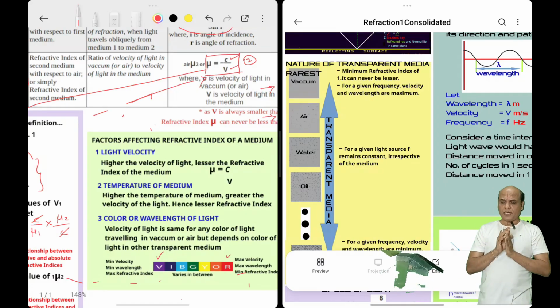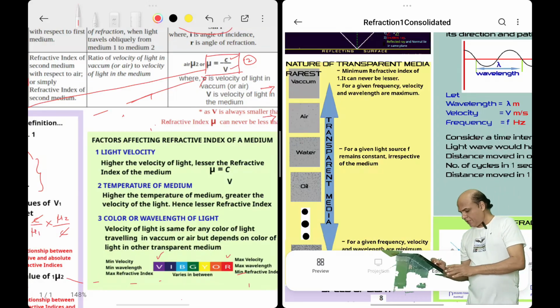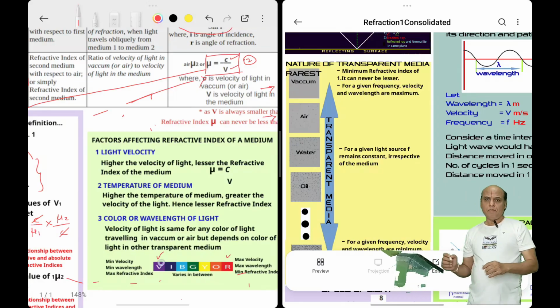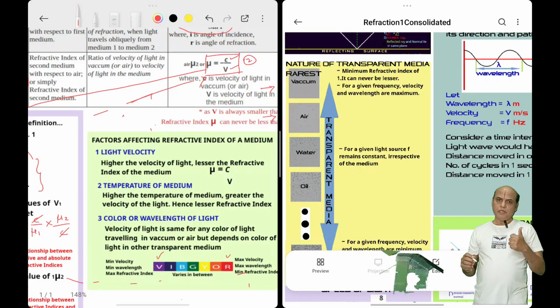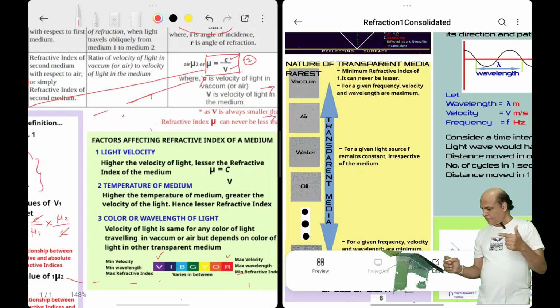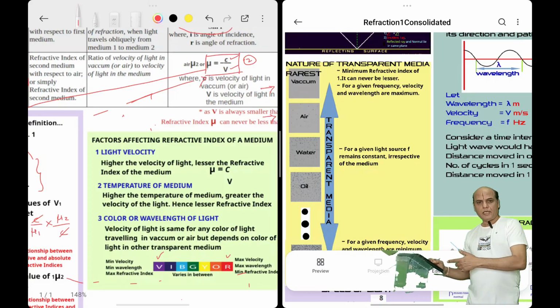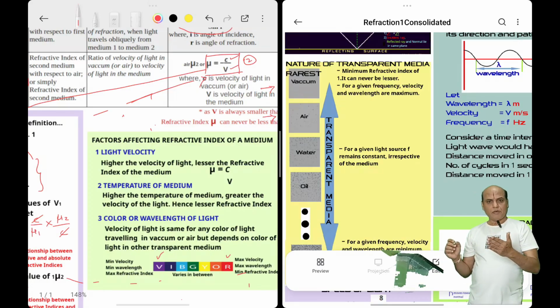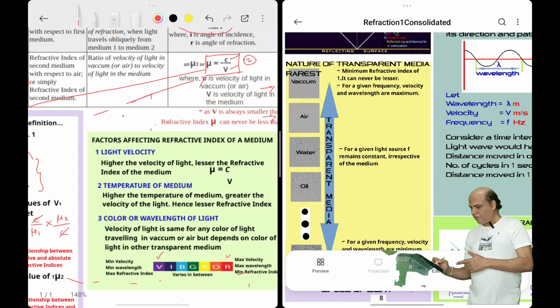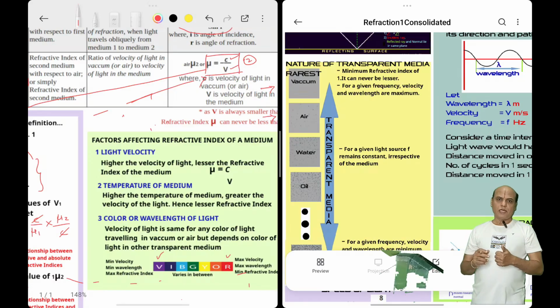Now what effect does it have? Violet has minimum wavelength and minimum velocity. When the velocity is minimum, refractive index will be maximum. So refractive index will be higher for violet light compared to red light. The wavelength of red light is high, therefore the velocity of red light will be higher.